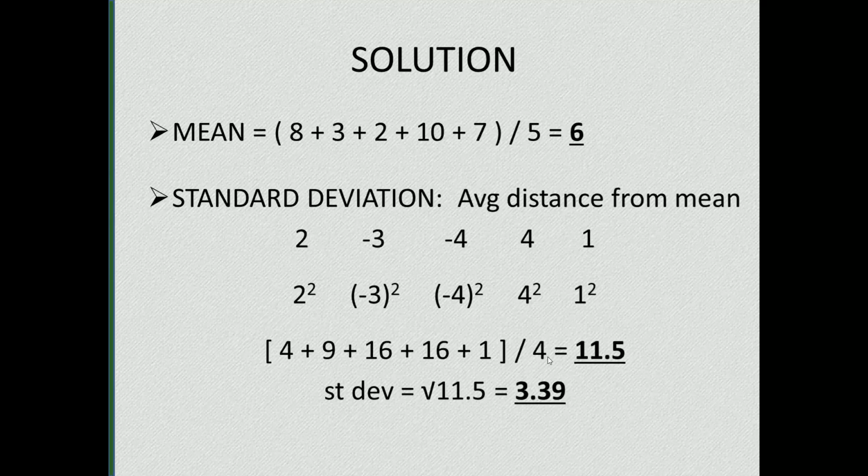Because remember that our sample tends to be a bit less spread out than the population as a whole. So add them up, divide by n minus 1. The resulting quantity is called the variance. We take the square root of that to get our standard deviation. For this problem, approximately 3.39.